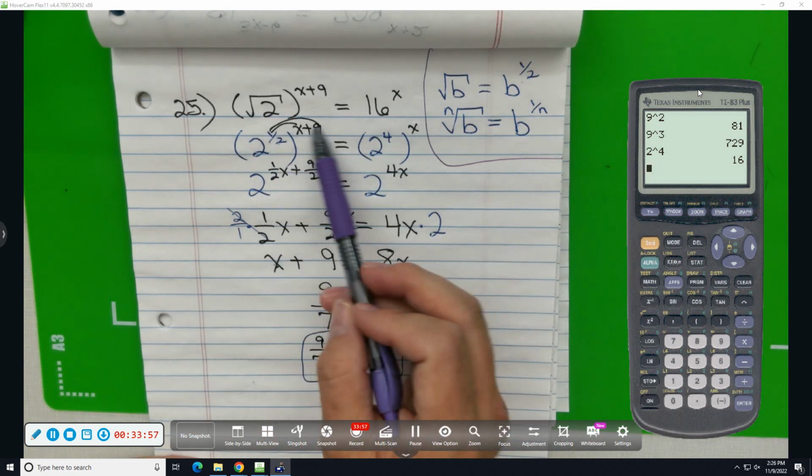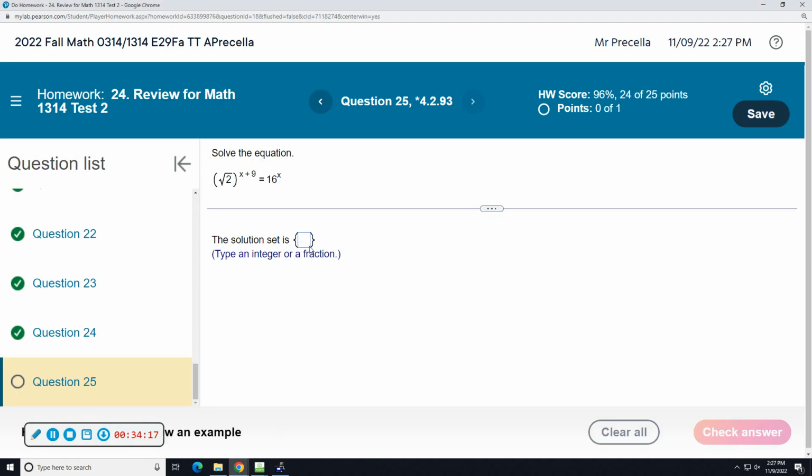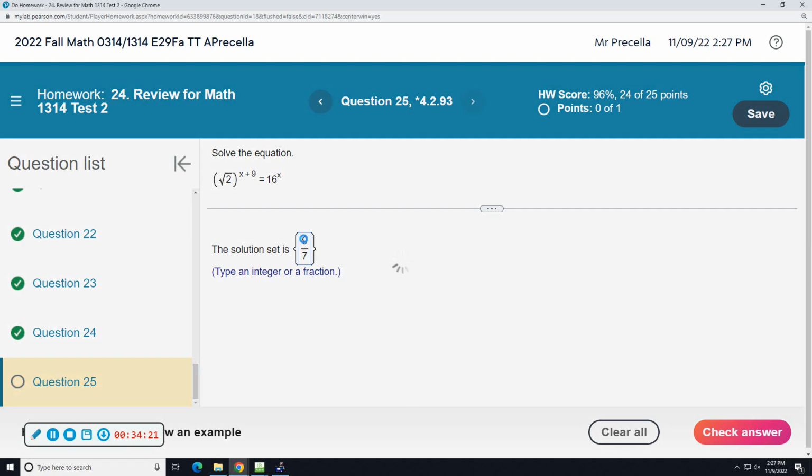We multiplied using the power rule, and then we dropped the bases, set the exponents equal, and I multiplied through by 2 to cancel out all the denominators. Final answer of 9/7. So 9 over 7.